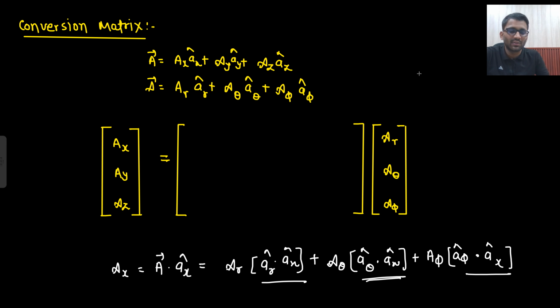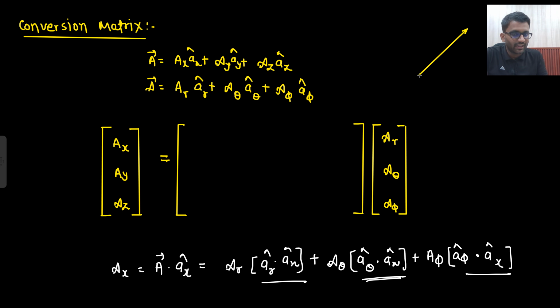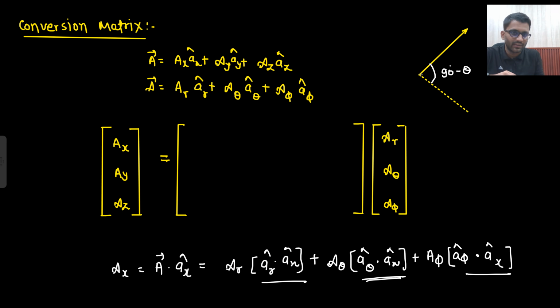I will show you. This was your R. This R was making some angle 90 minus theta with your xy plane, right? And this was your x, and this was your y.